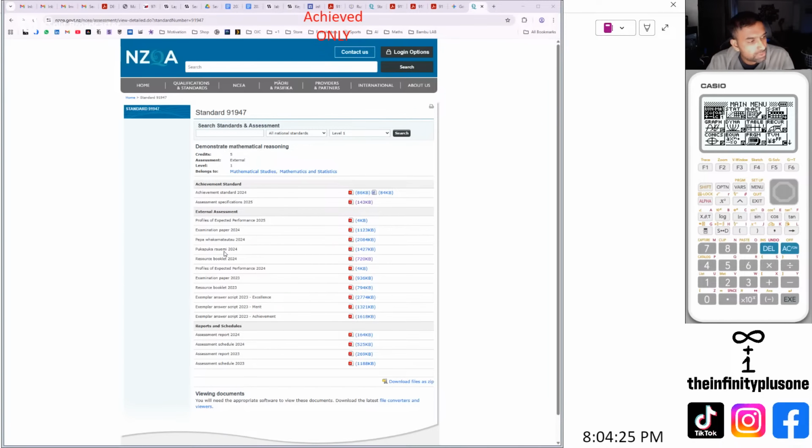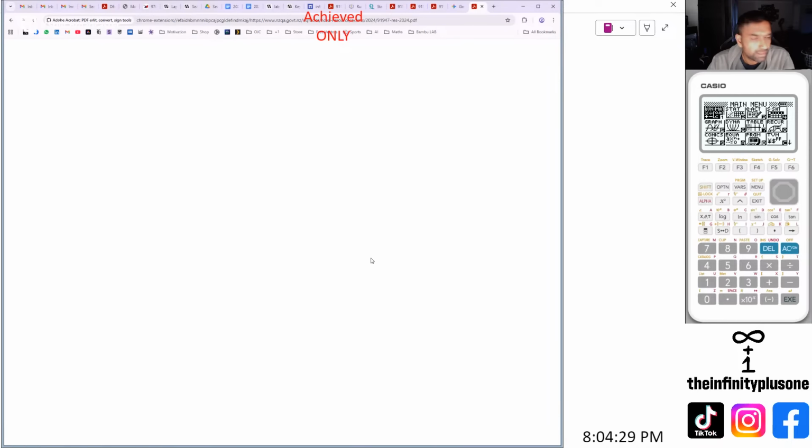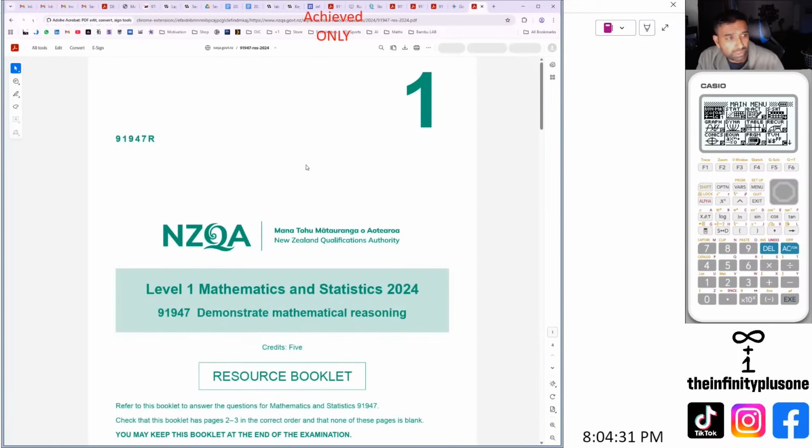When it comes to your exam paper, you do get a formula sheet, from what I can see. And I think this is where you possibly could get your first achieved grade, if you want to call it.